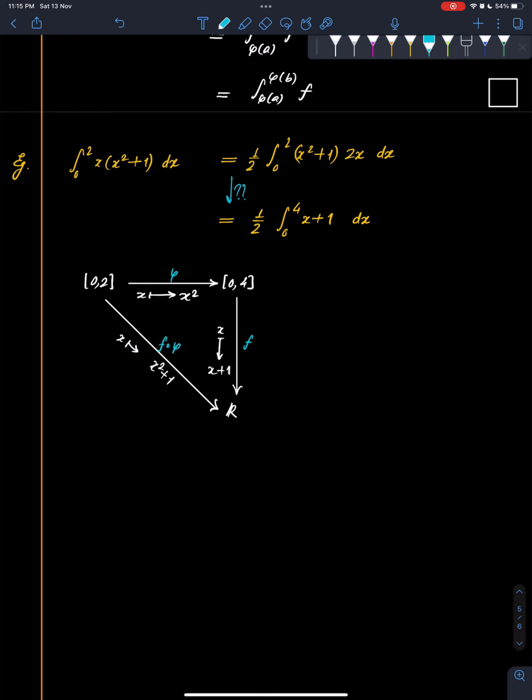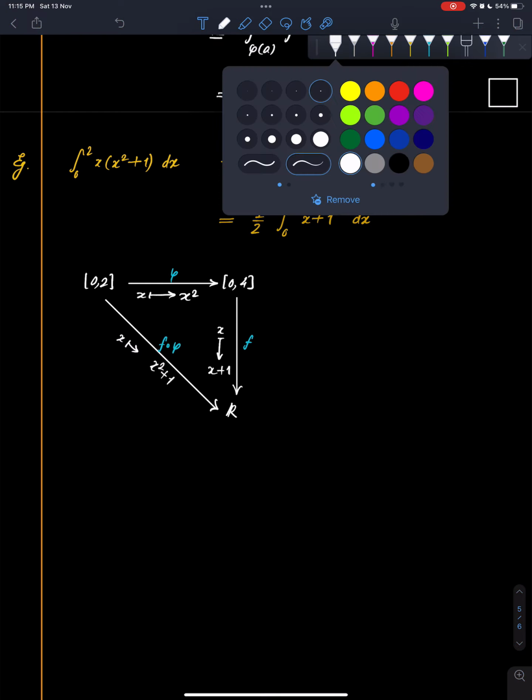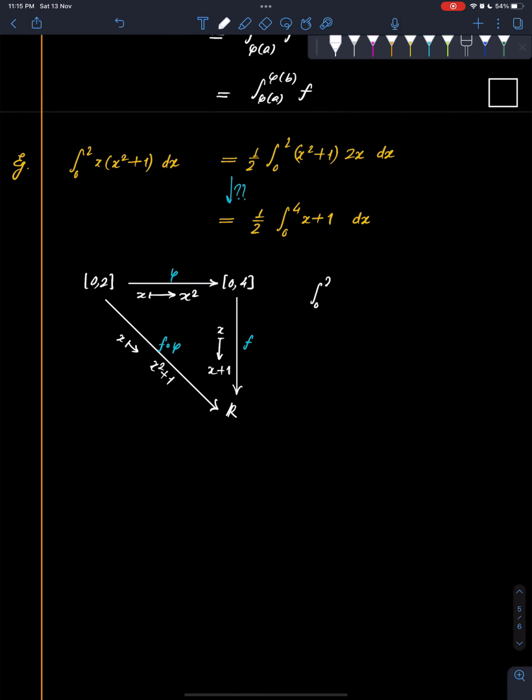Yeah, so we have that, and therefore this integral, half of the integral from 0 to 2 of x square plus 1 times 2x dx, is nothing but half of the integral from 0 to 2 of f composed phi times phi prime. That's it. That's what that is.